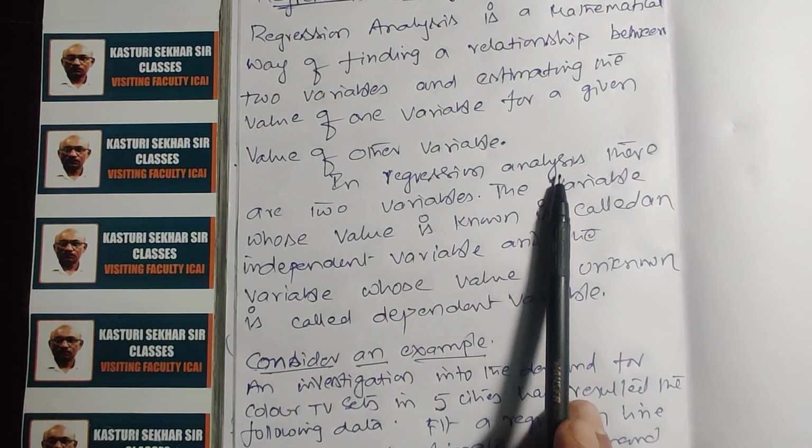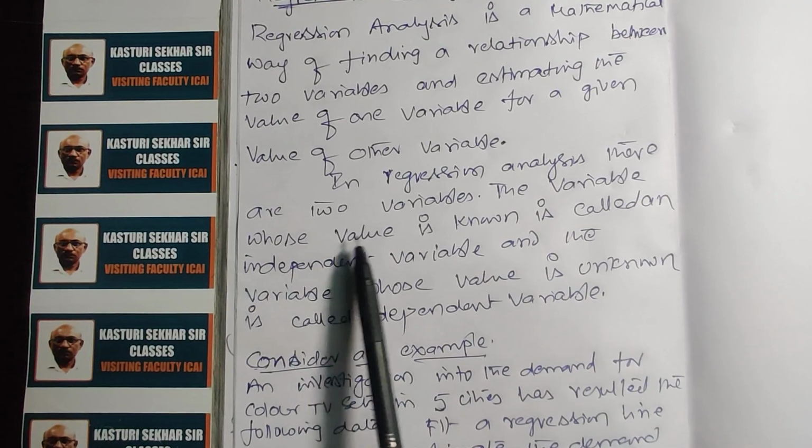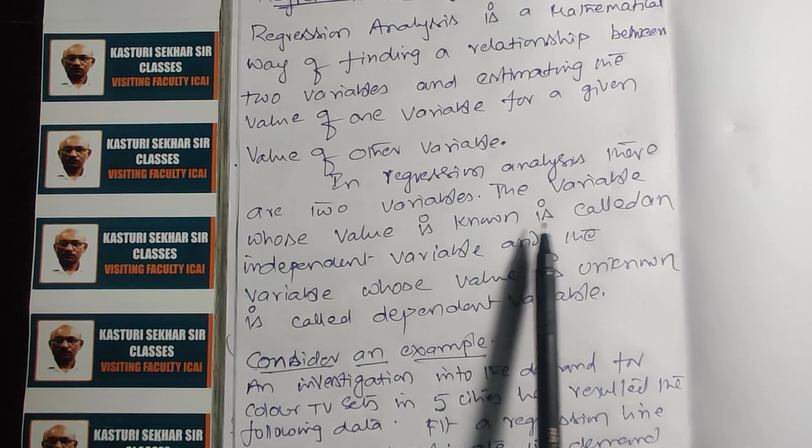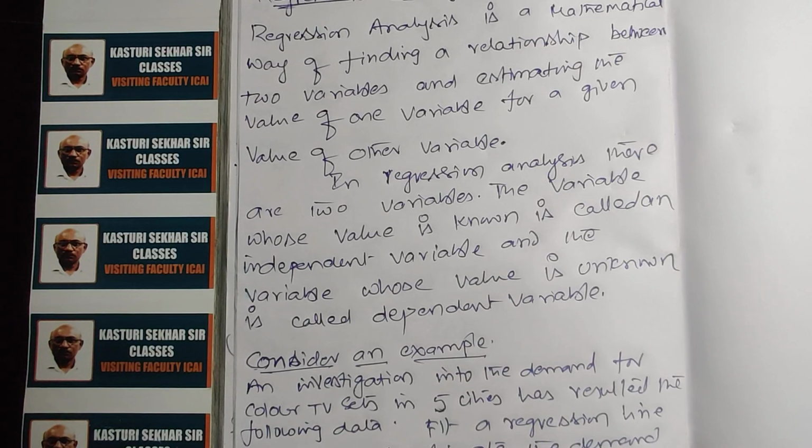In regression analysis, there are two variables. The variable whose value is known is called an independent variable. So in our question, the population of a city is known, so it is treated as an independent variable. With that value, you are estimating the value of another variable.